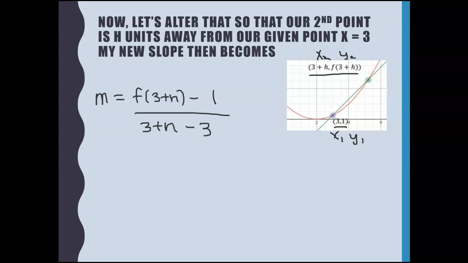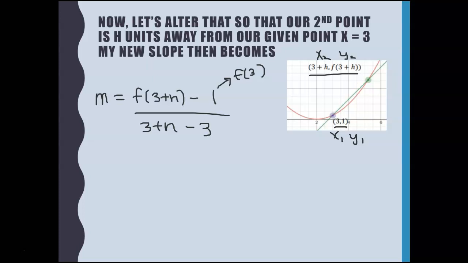And where did this 1 come from? Well, that's f of 3. So what does that look like? Hopefully this should look like the slope of the secant equation to you.